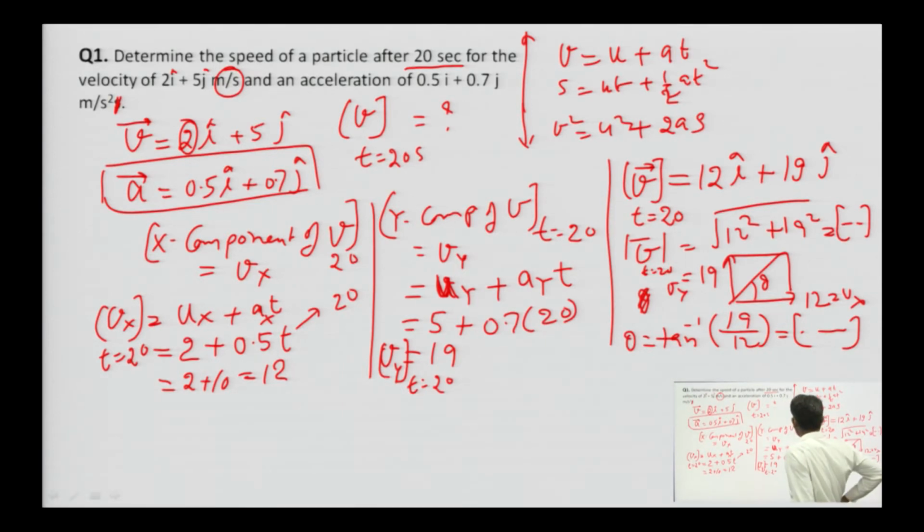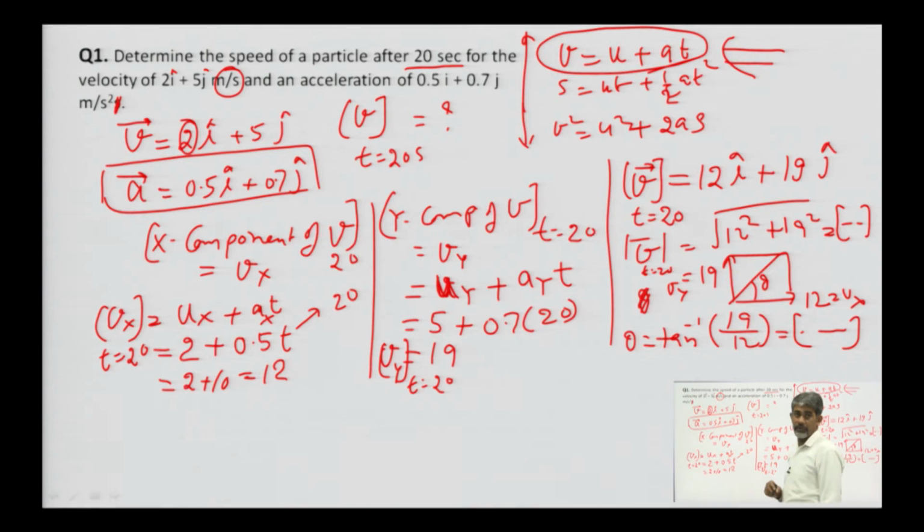So, this is the procedure how to find the parameters, okay. Through this question, velocity after some time interval t is calculated with the help of this equation, okay.